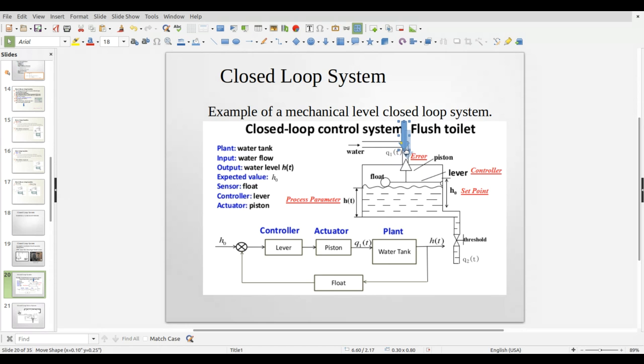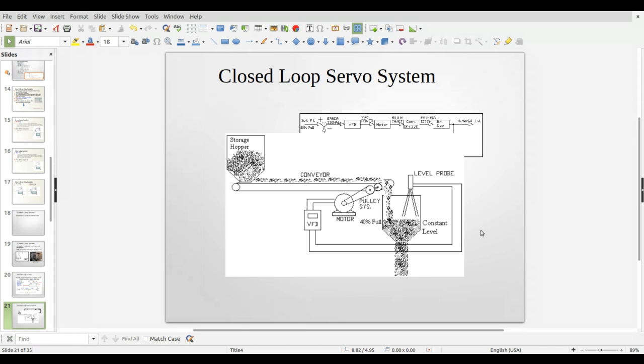As it starts to get close to full, then only a little bit of water will come in here. So it'll run slower until it gets to the point that it's fully up, and then the plug is in there and fully shuts off the water.